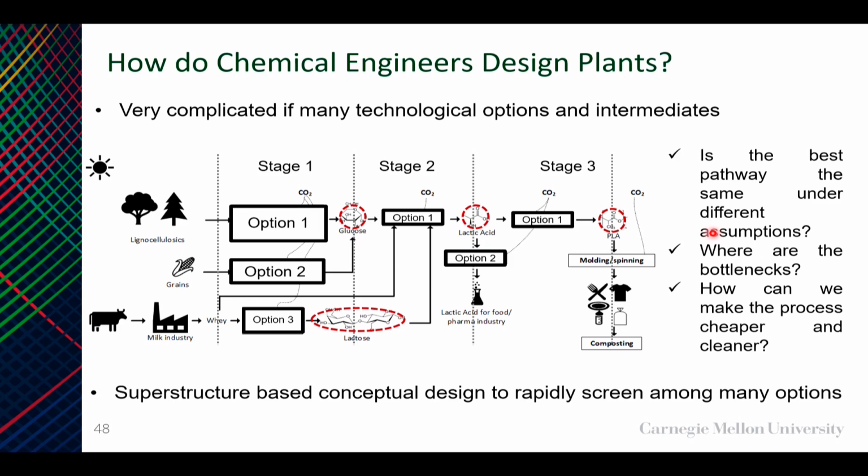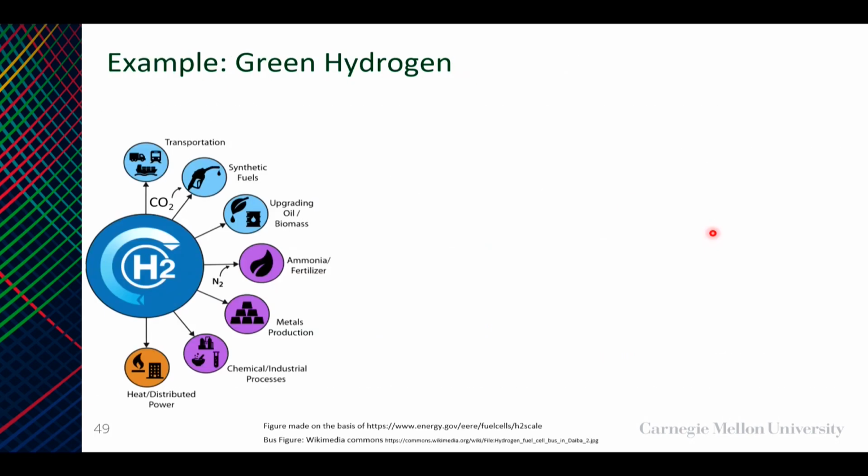There are very different assumptions, so there is something that is really competitive out there. Which are the bottlenecks? Which are the steps that are causing really high emissions or a lot of cost in the plant? And how can we improve this process, and how can we make it cheaper or cleaner?